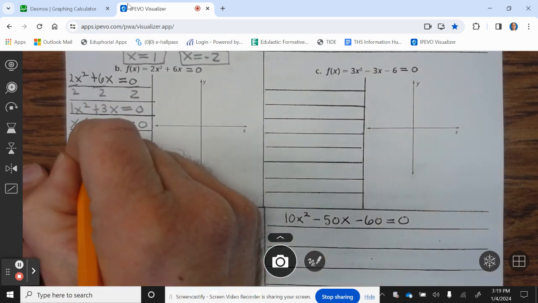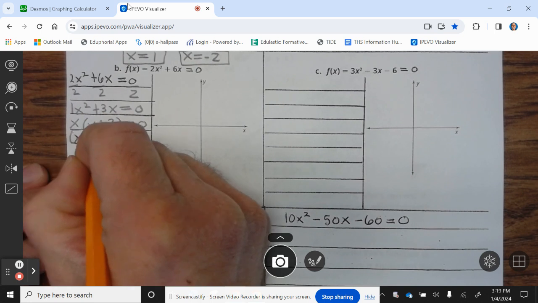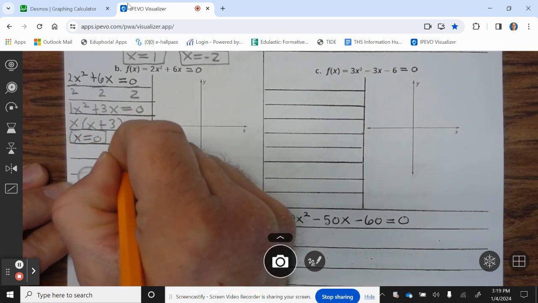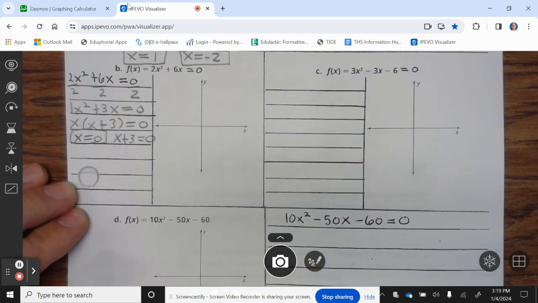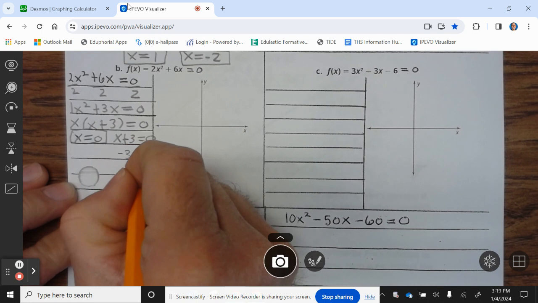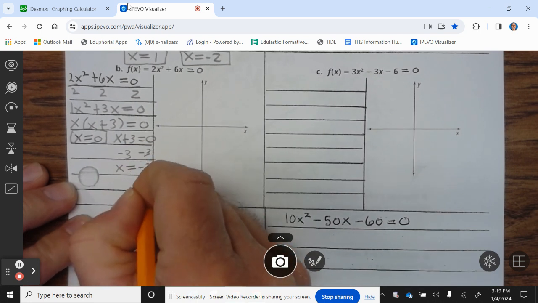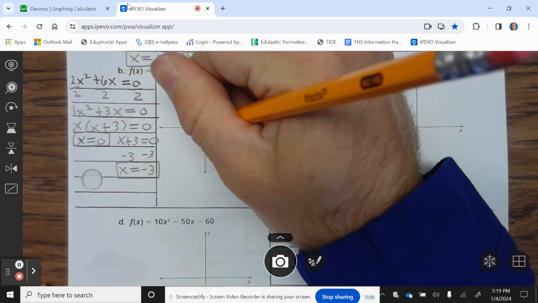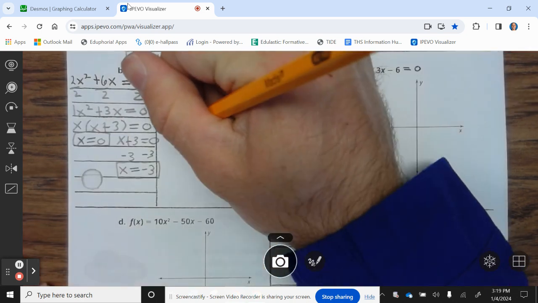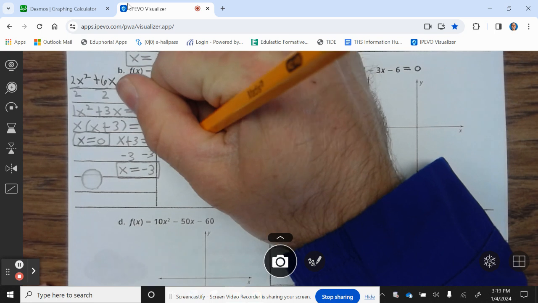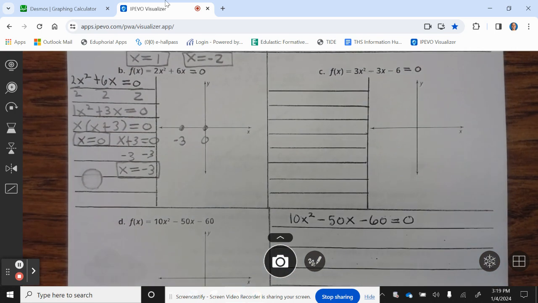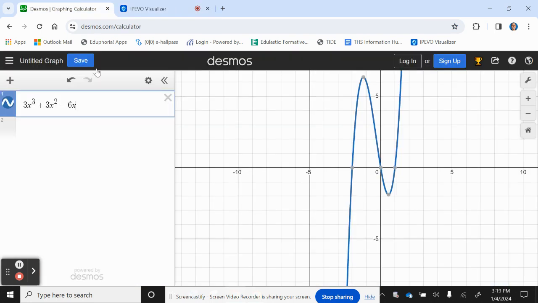So then you get x equals 0, x plus 3 equal to 0. So subtract 3 from both sides, get x equals negative 3. So we have 0 and negative 3. All right, and let's go ahead and sketch that graph in Desmos.